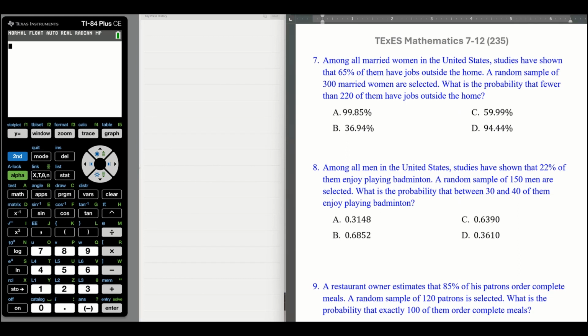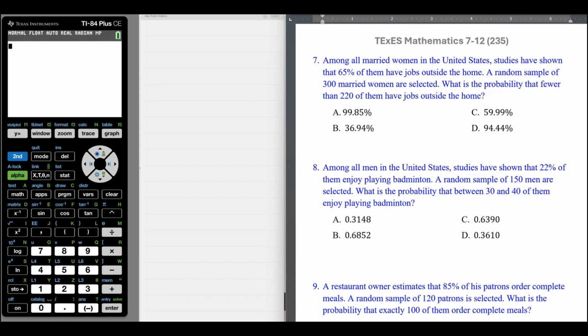Number 7. Among all married women in the United States, studies have shown that 65% of them have jobs outside the home. A random sample of 300 married women are selected. What is the probability that fewer than 220 of them have jobs outside the home? Okay, for this, it's discrete. That's the first thing.